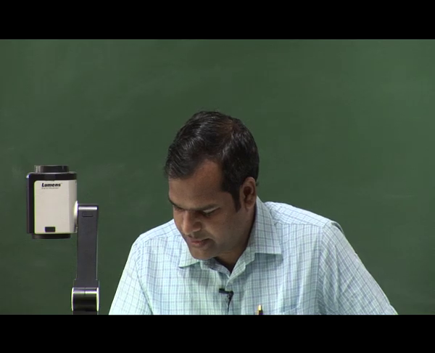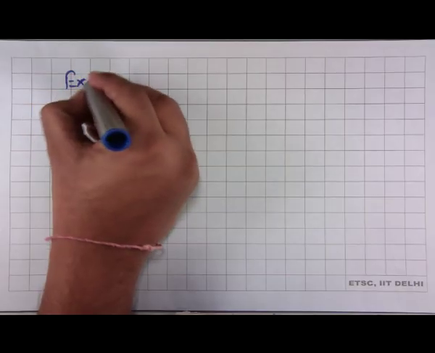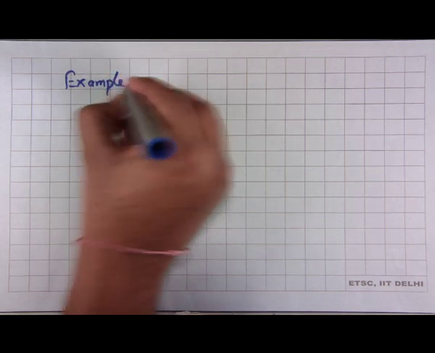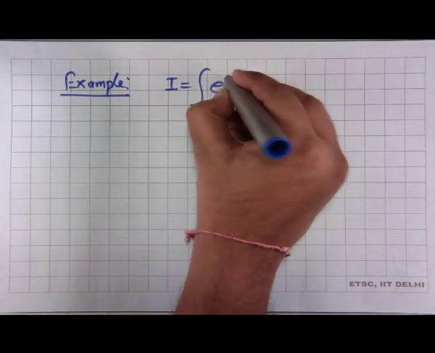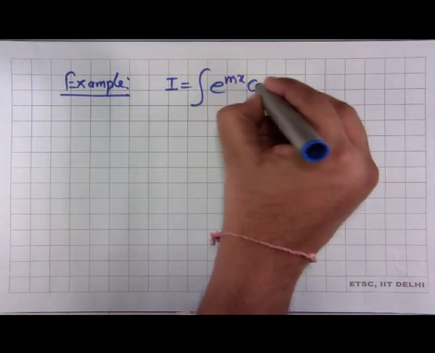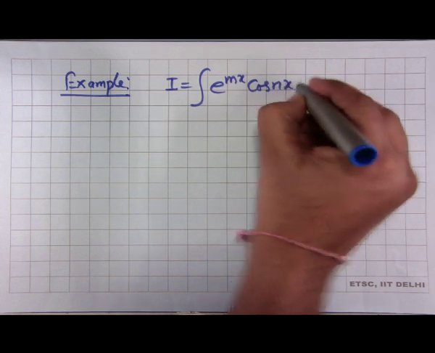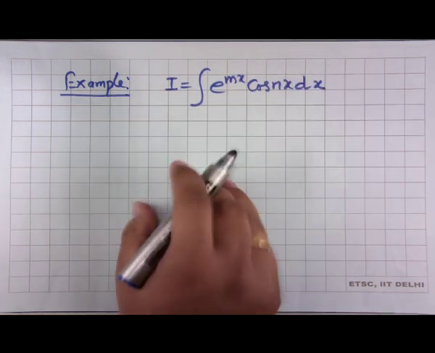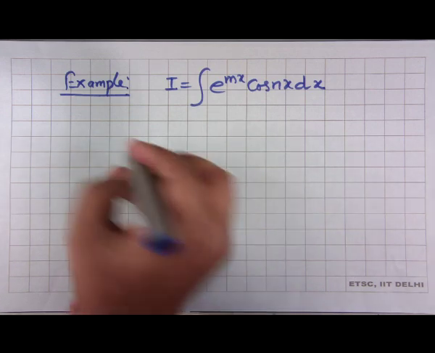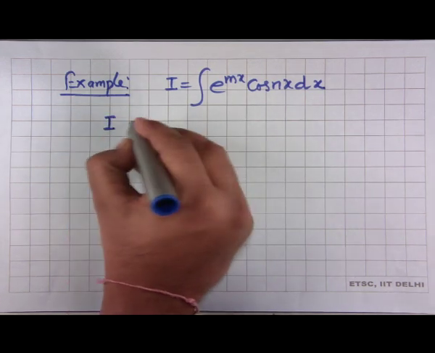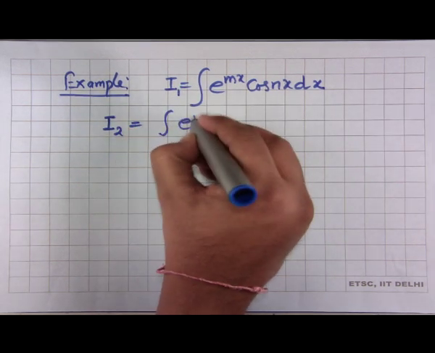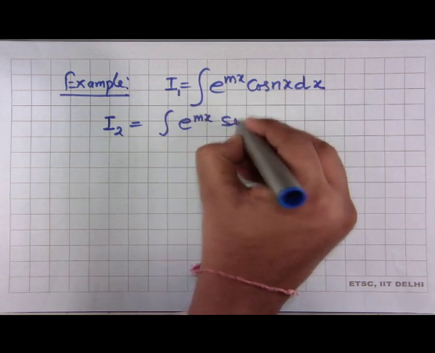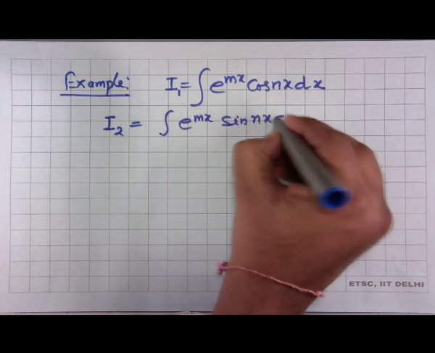So, look at the example. I will tell you how it can be worked out. Look at the example of taking the integral of e raised to power mx cos nx dx, and let me call it I1, and let me call e raised to power mx sin nx dx as I2.